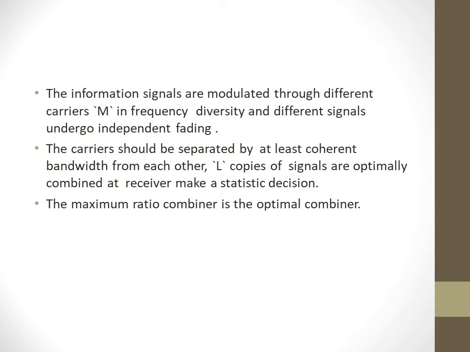The signal which undergoes the independent fading consists of carriers, which carry the modulated information signals, having frequencies of M. The carriers should be separated by at least the coherence bandwidth from each other.